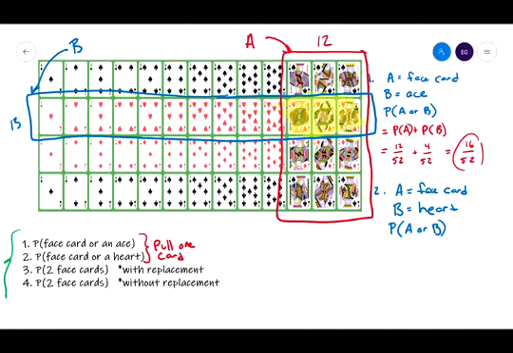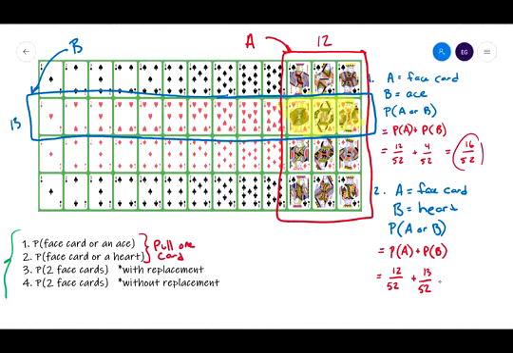So when we apply the addition rule for probability, this equals the probability of outcome A plus the probability of outcome B. The probability of a face card is 12 out of 52, and the probability that the card is a heart is 13 out of 52. But we've got those 3 cards that we double counted: the Jack, the Queen, and the King of Hearts.